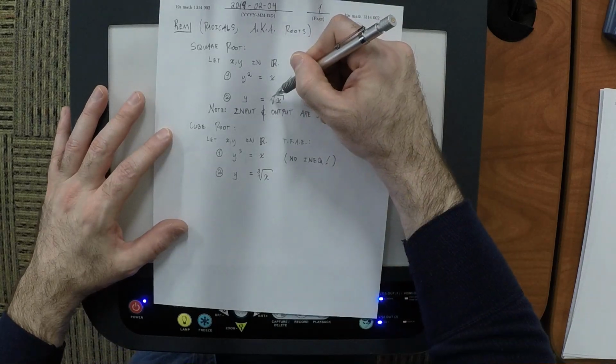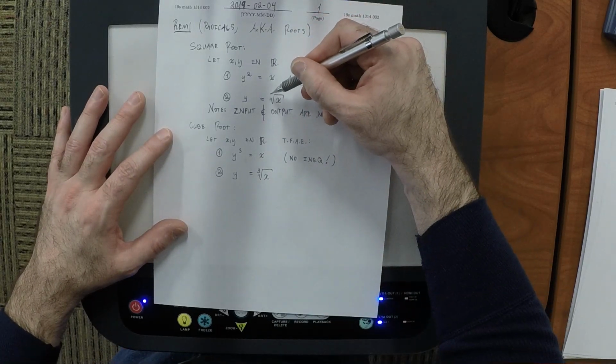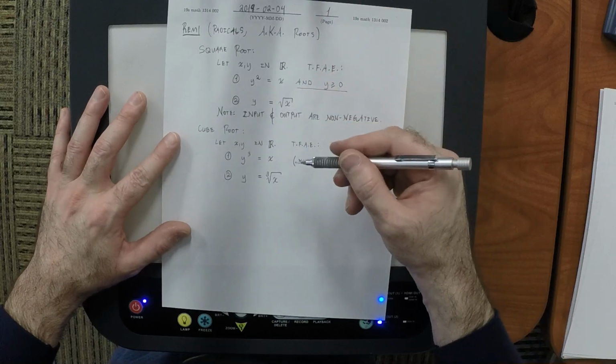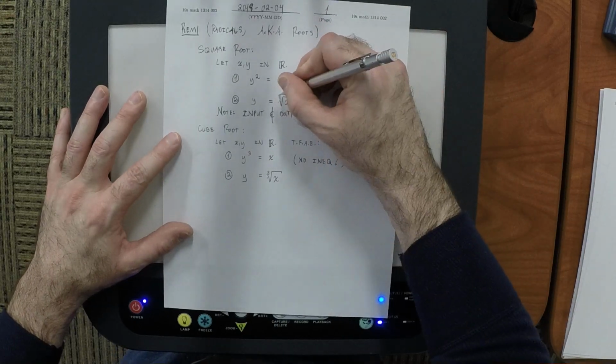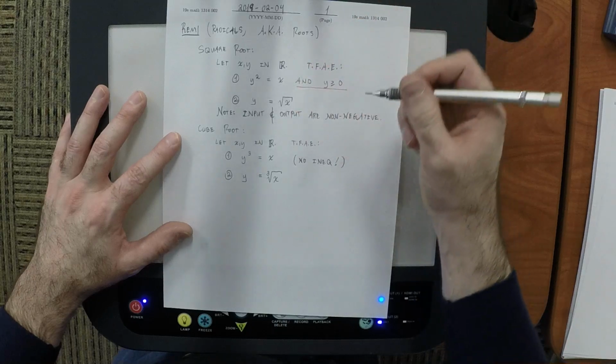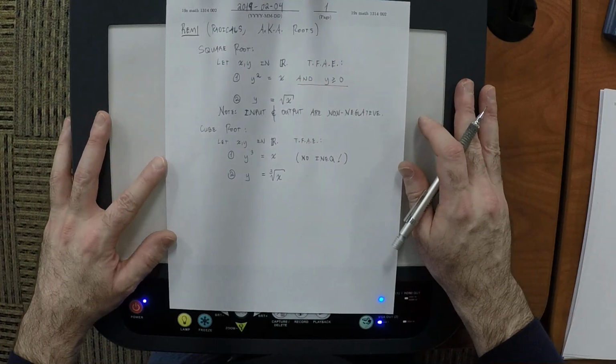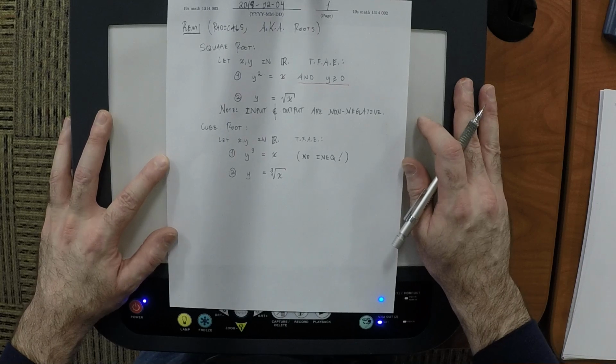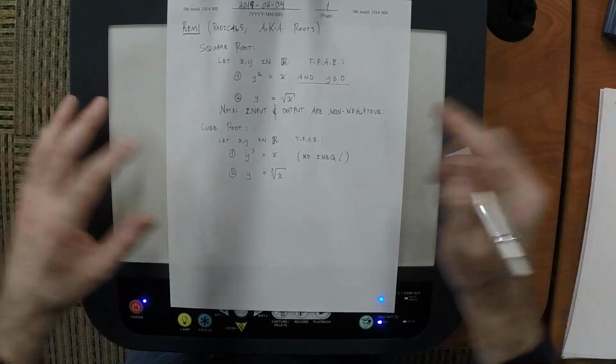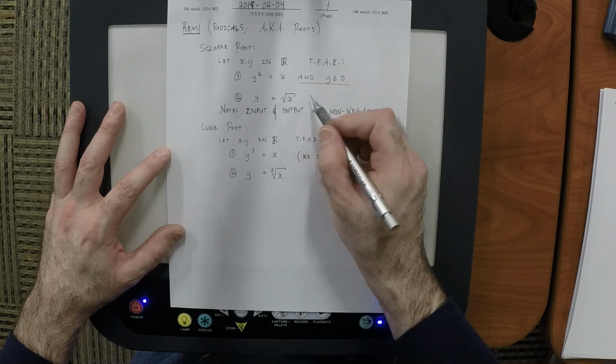And so square root, historically, was the first one, and that individual didn't plan ahead, so it was just written this way.